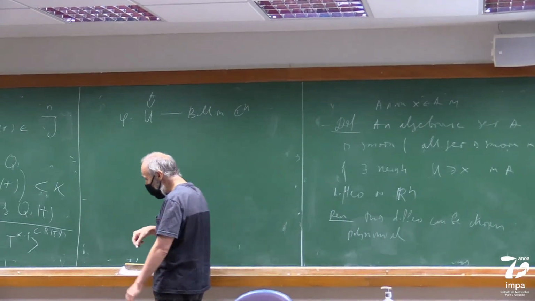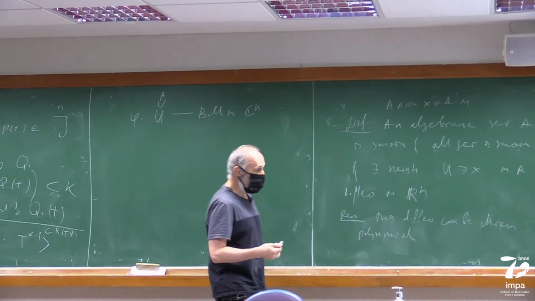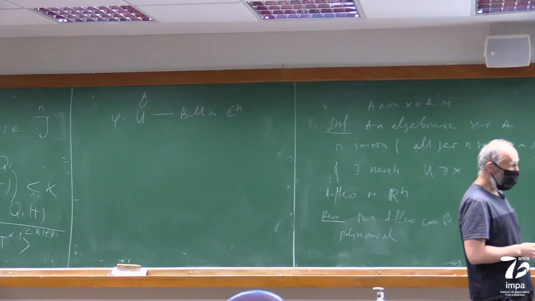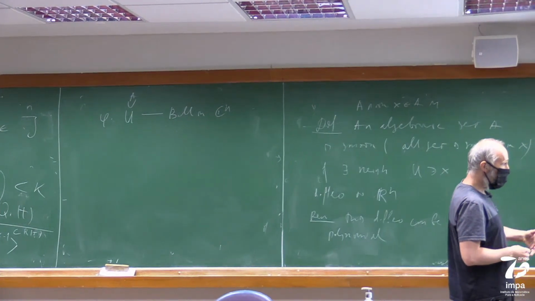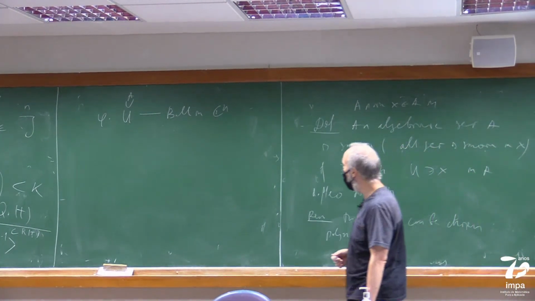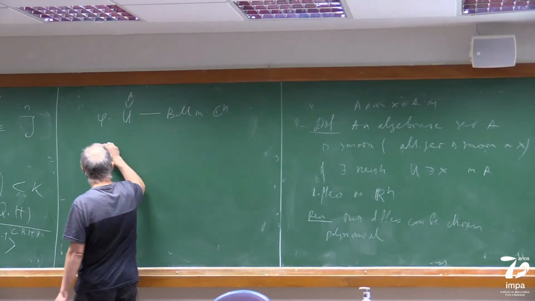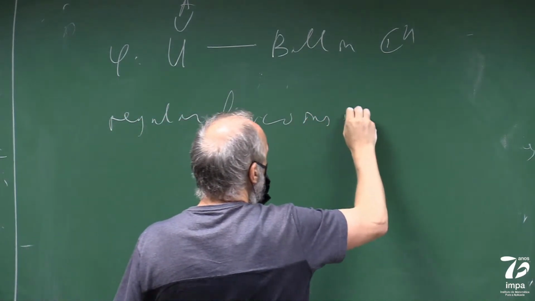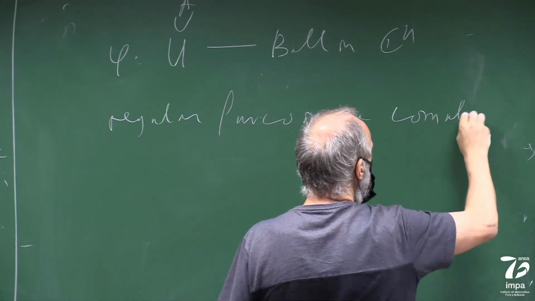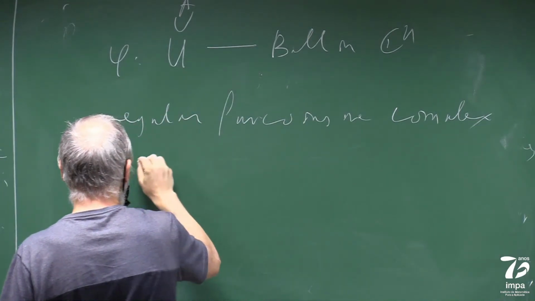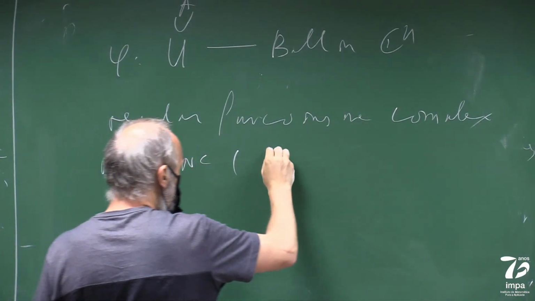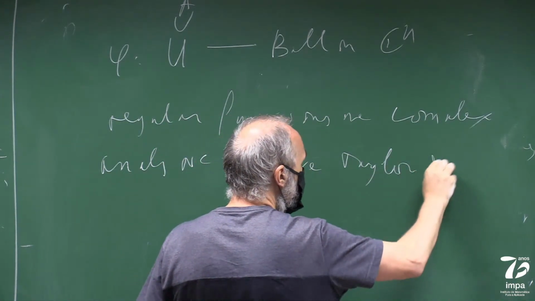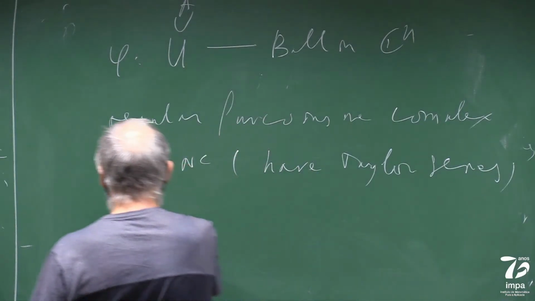And then you apply the Cauchy formula to get a Taylor power series for all functions you can get. All complex differentiable functions are analytic. They have a Taylor series. So regular functions are complex analytic, that is, they have Taylor series in U.